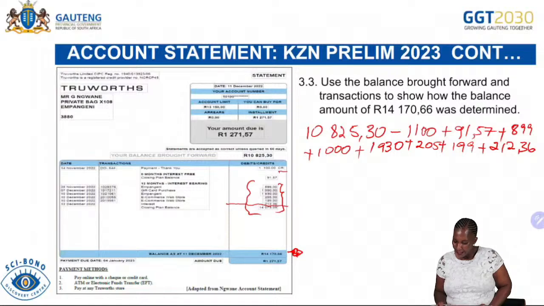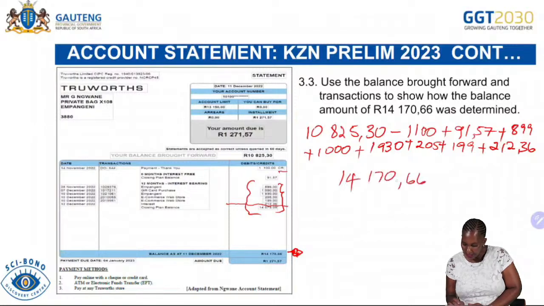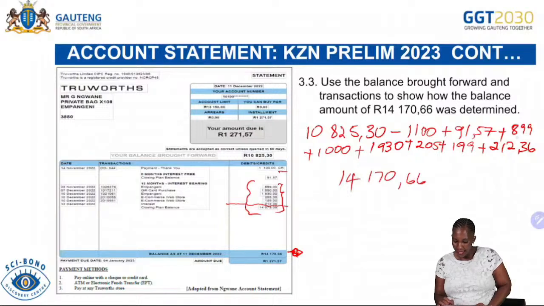Plus 199, we also add 212 rand 36, and then it has a total of now what? It will be 14,170 rand 66.